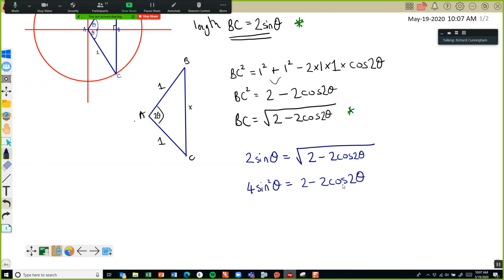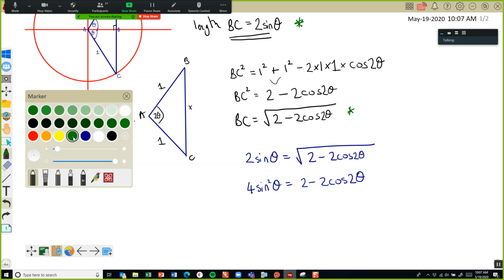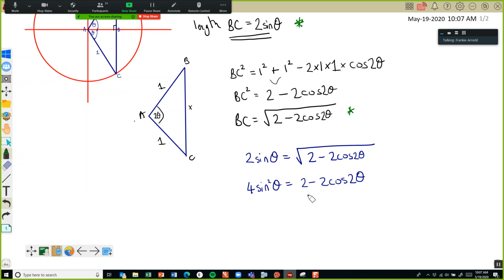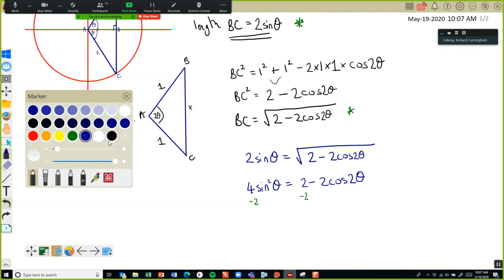Right, so remembering I'm trying to get cos 2 theta by itself, what would I do next? Let's have somebody from SL. Yep. Good. I'm going to take this 2 away from both sides. Thank you, Frankie.